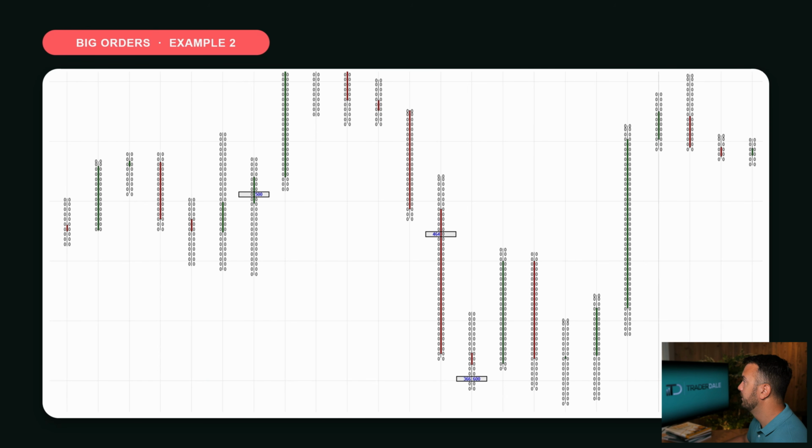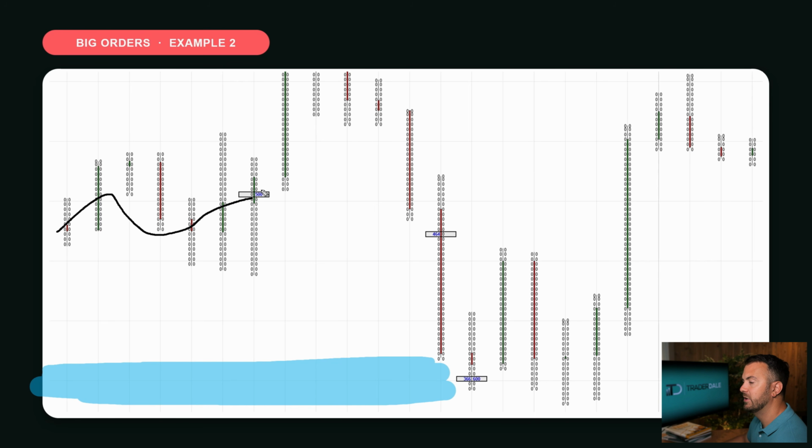Now, one more example. Imagine that we have a support zone somewhere in here and price moves towards it. We are not interested in this because this didn't occur at our support. We are not interested in this because this happened just anywhere on the chart. So we do nothing, we wait.